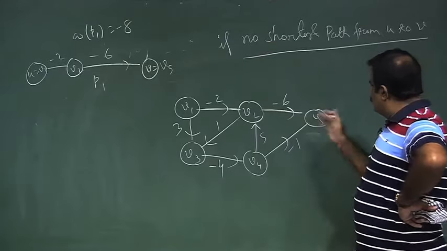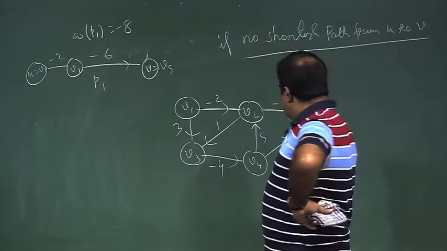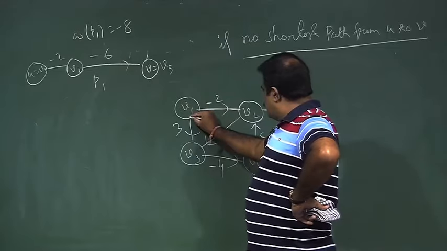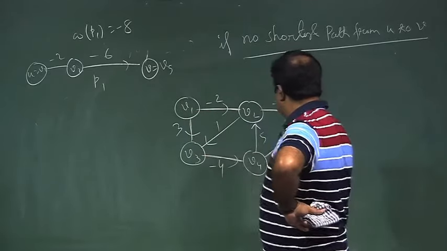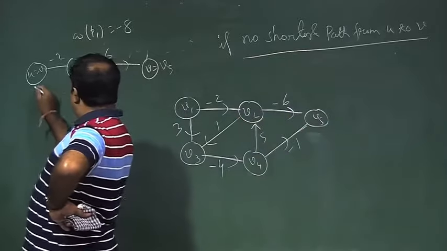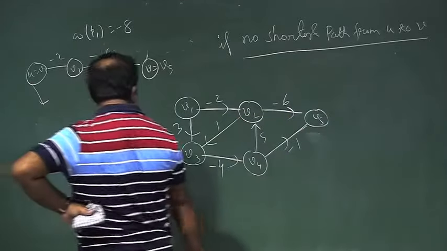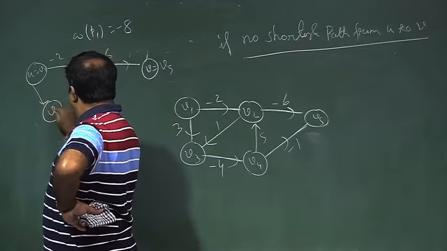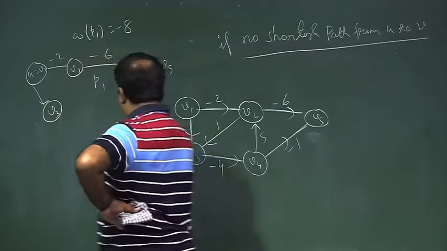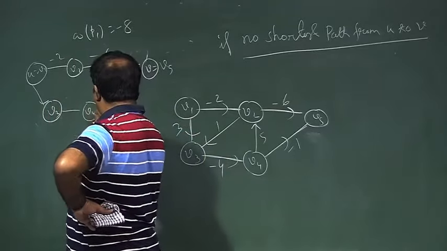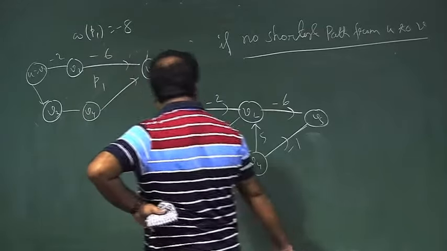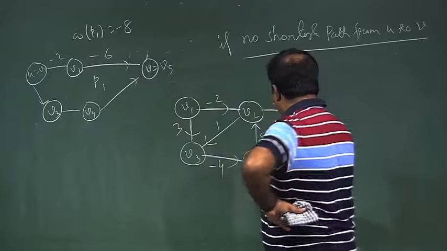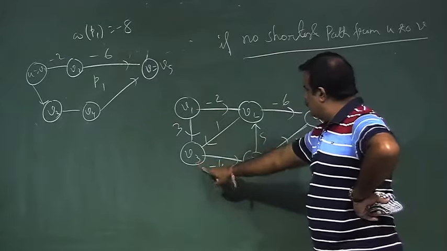V1 to V5. So, yeah, we can go from here to here, then we can take this, then we can take this. So, from here we can go to, say, V3, then from V3 we can go to V4, and then from V4 we can go to V1, V2, V1 to V3, V3 to V4.